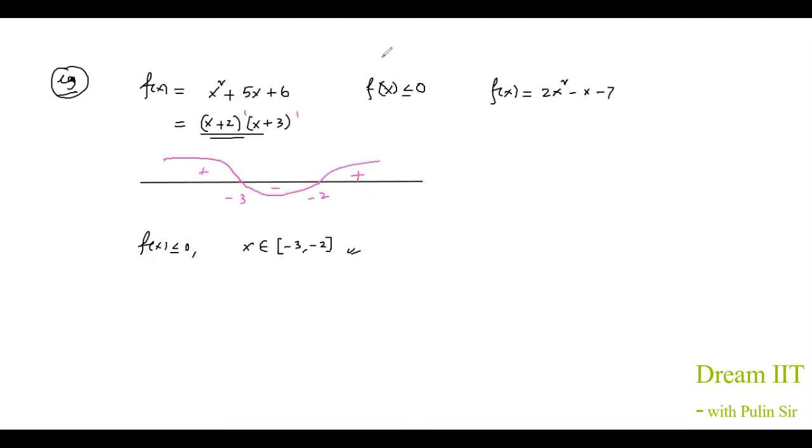Okay, now you see, already you know about the discriminant, so I actually calculated it orally. You see, the discriminant will be (-1) square minus 4 into 2 into minus 7, that is giving you 1 plus 56, so 57 is the value. So here, how will you do now?